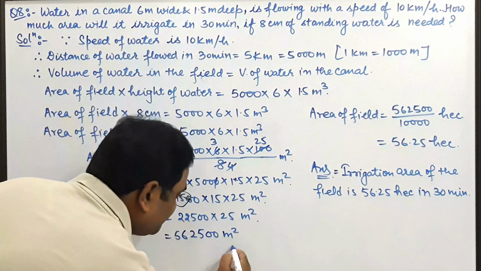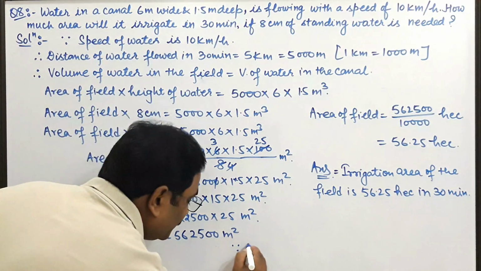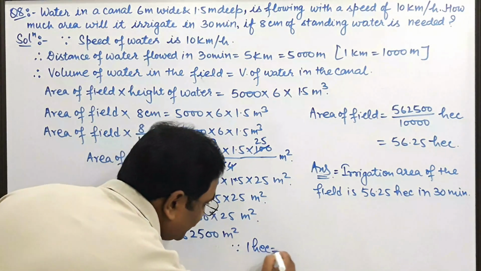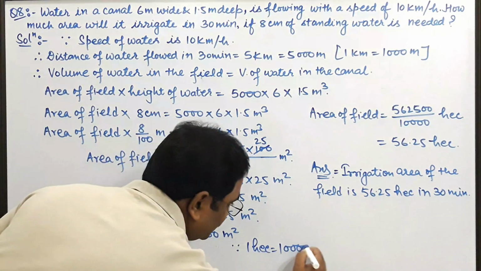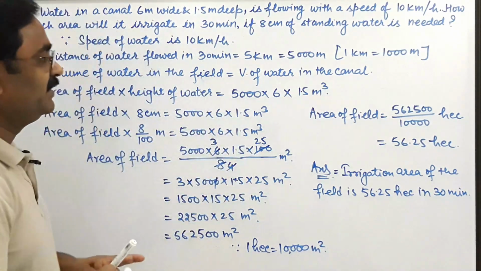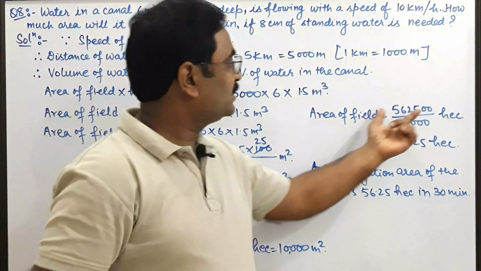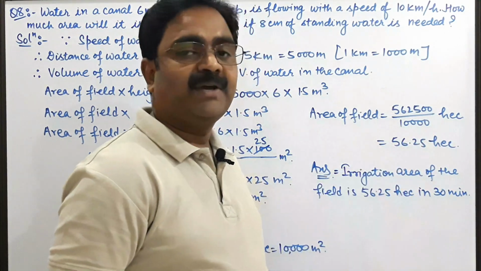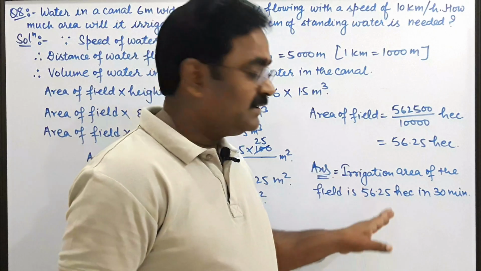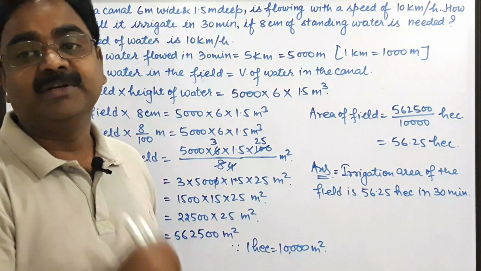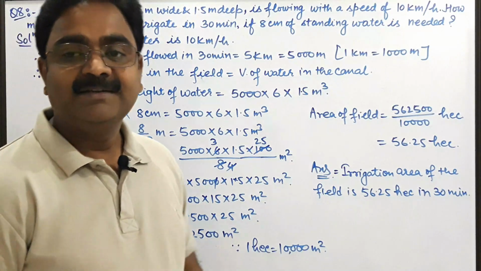Since we know that 1 hectare is equals to 10,000 meters square, so we have divided this area by 10,000, it is converted into the hectare. 56.25 hectare is the area going to be irrigated by the water of canal in 30 minutes, means in half an hour. Right friends?